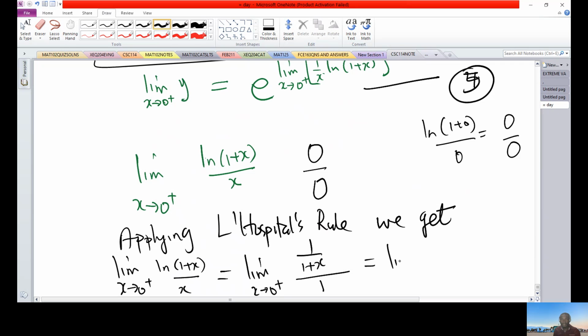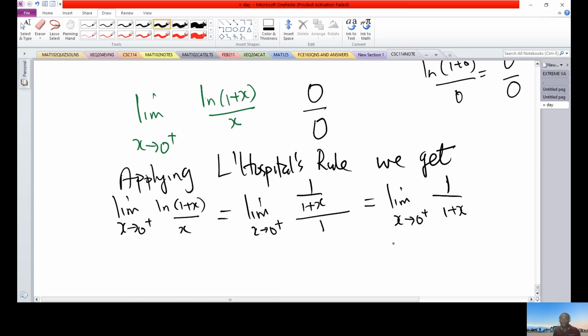So this is just the limit as x approaches 0 from the right of 1 over 1 plus x. Now here you use just direct substitution. This will be given by 1 over 1 plus 0, which is 1 over 1, and the answer is 1.